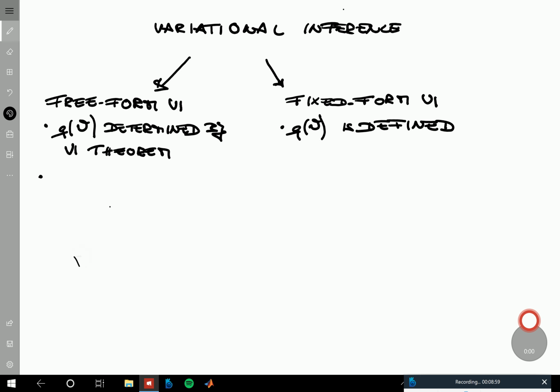So in freeform variational inference, the variational inference theorem based on variational calculus plays a central role, and everything is quite math heavy.